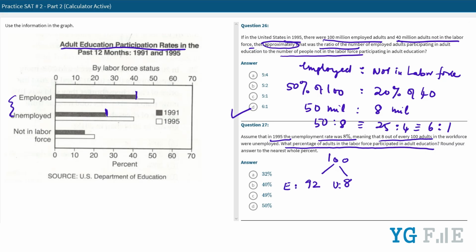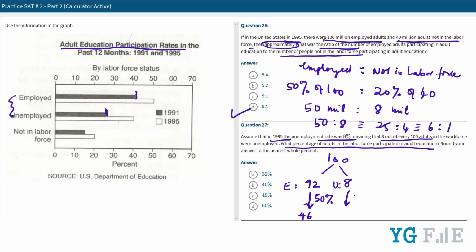Now the participation rate for adult education comes from the graph, because we see that in 95 only 50% of the employed participate. So 50% of 92 will be 46. That means 46 adults participate in adult education. Similarly, for the unemployed it is 40%.